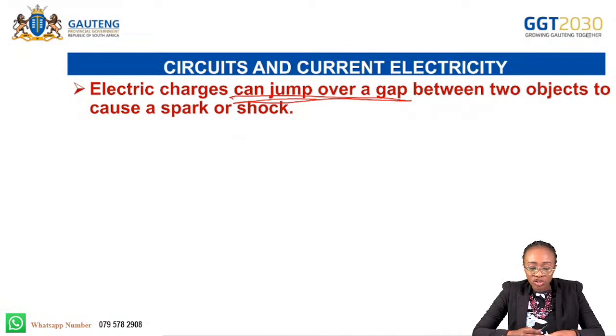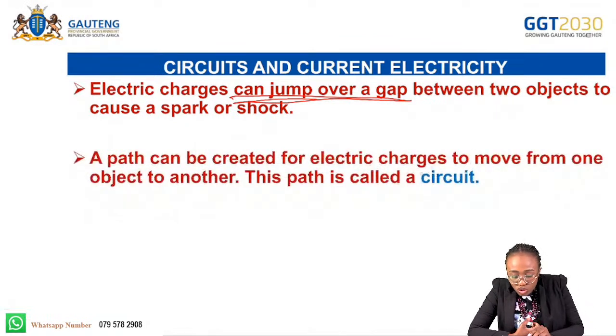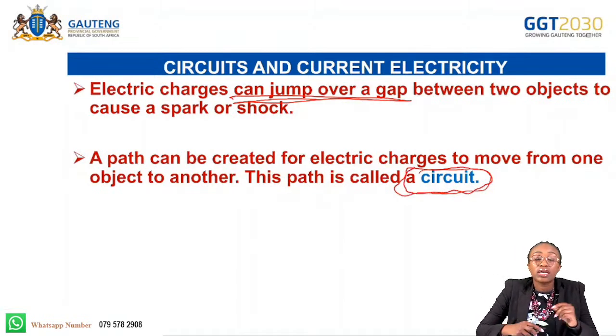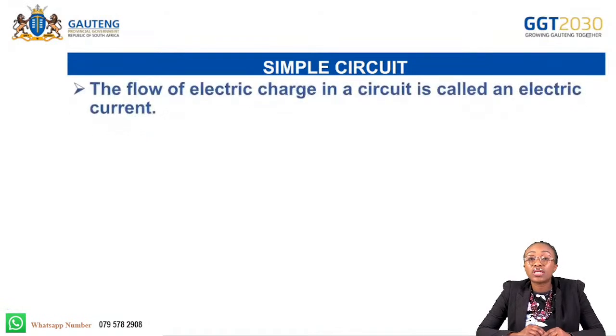So electric charges can jump over a gap between two objects to cause a spark or a shock. But a path can be created for electric charges to move from one object to another, and this path is called a circuit, which brings us to a simple circuit.